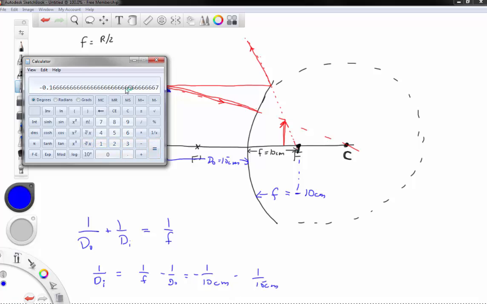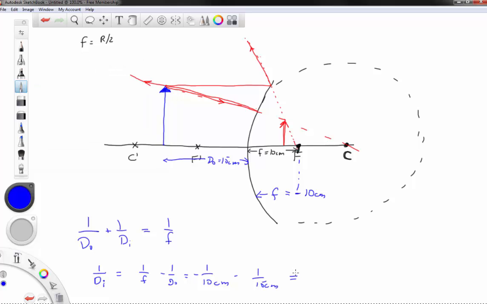We get this number, which gives us 1 over di. So 1 over di is approximately negative 0.167 inverse centimeters.